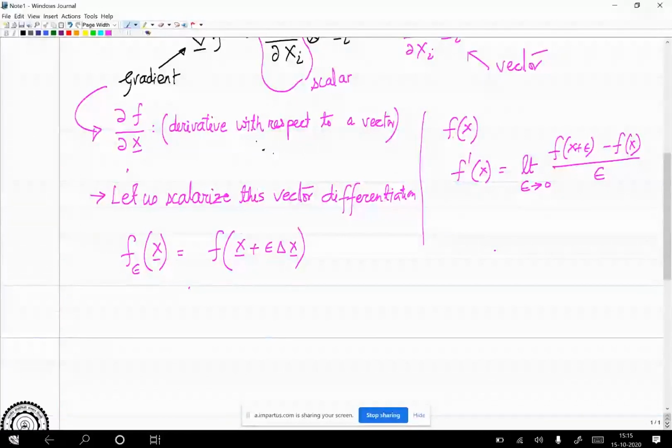All right. And then I would simply take the derivative with respect to epsilon. See here, epsilon is a scalar, a small quantity. And x is our variable, and delta x is like the increment in x.